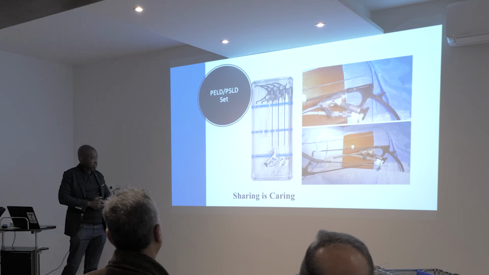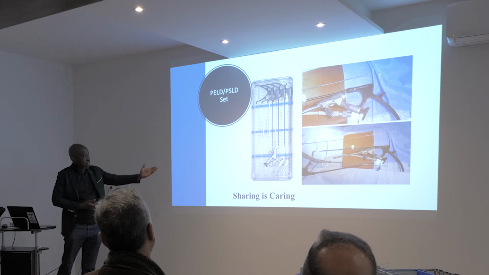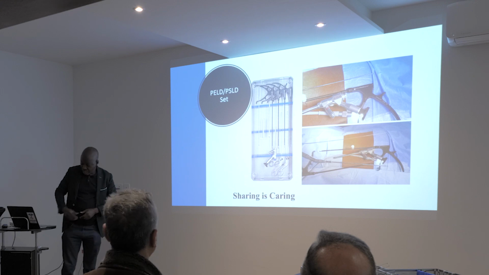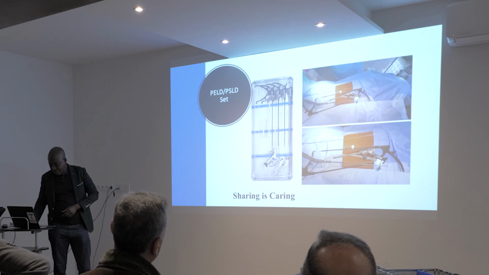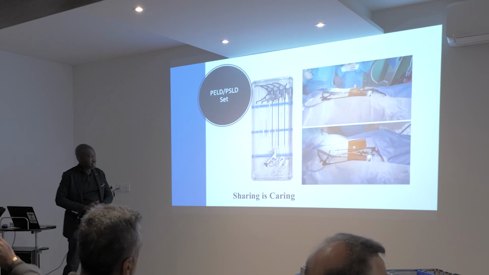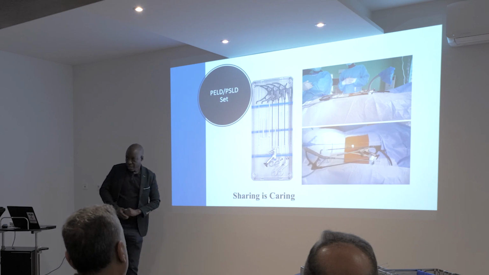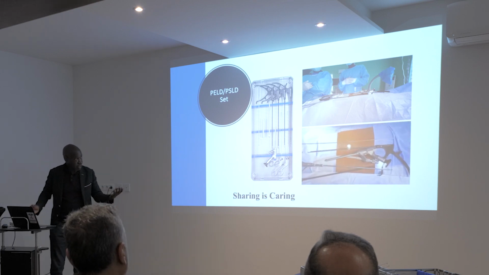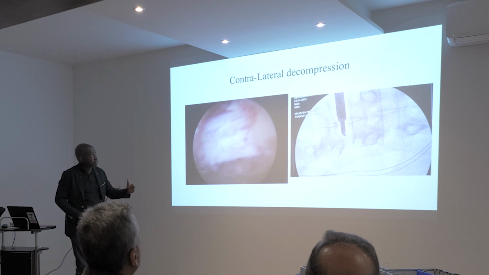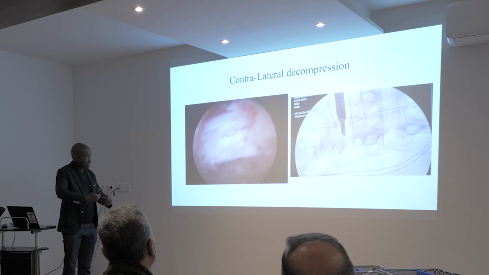What do I need to start doing PELD? These are the tools I need. Sometimes I might need a drill, as you can see here, but not always. If you have these tools, you are good to go. With these tools, I can also decompress contralaterally, not only where I'm working.